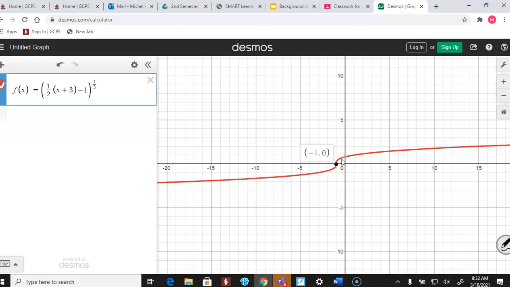So it crosses the x-axis at -1, 0, and it crosses the y-axis at 0.794. Actually, it's yeah, it's positive 0.094. Okay.